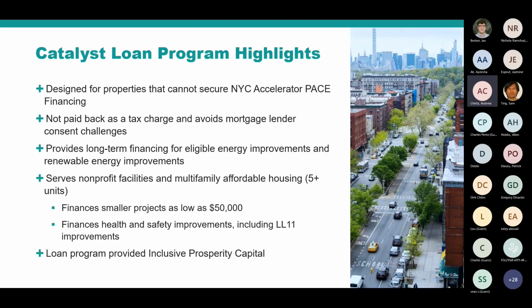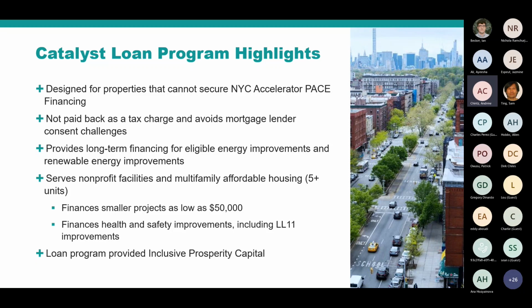So as I mentioned, PACE doesn't work for every building. We have another product that we are bringing to New York City called Catalyst, and it was designed really for those issues with PACE for buildings that can't access PACE.